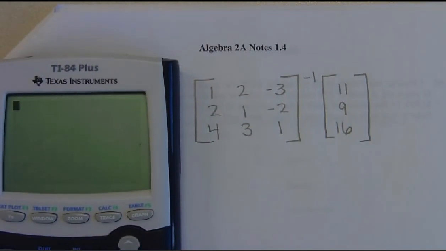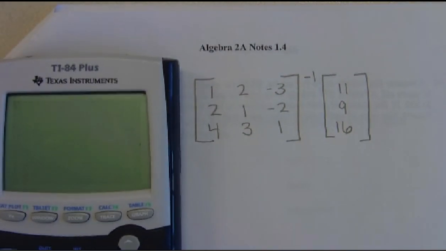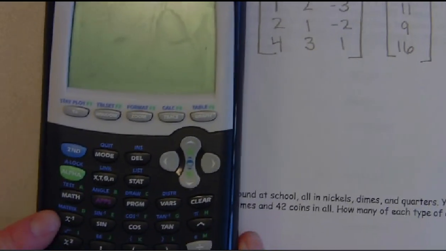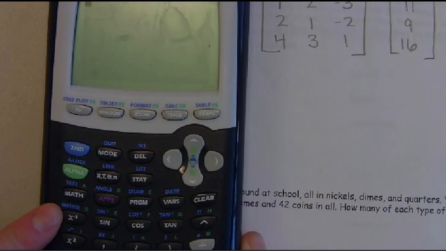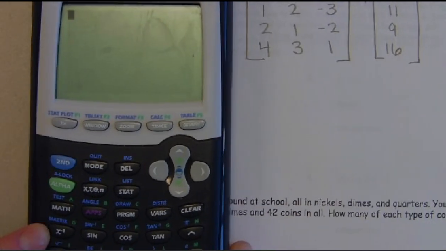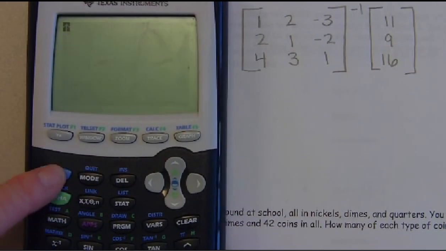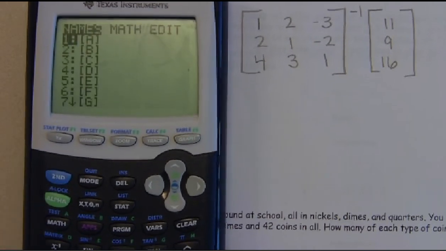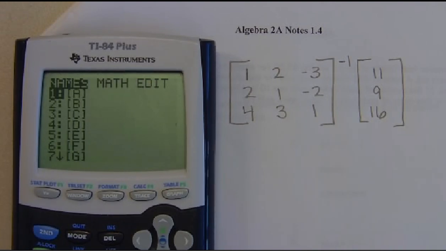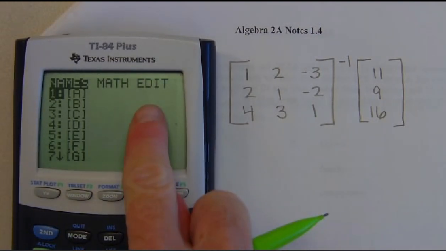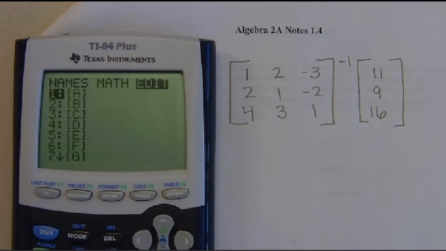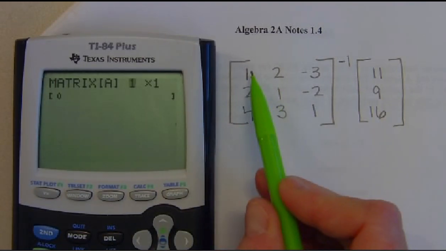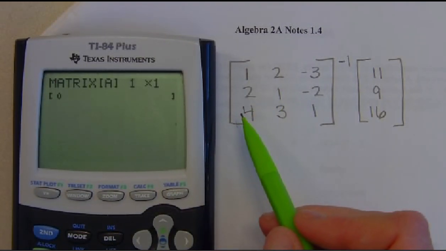All right, now the way you do this on your calculator is with your matrix button. Your matrix button is located right here. Mine is in blue, so in order to get to that screen, I'm going to go second matrix, and all this information comes in. We put the numbers in under edit. So if I go over to edit and hit enter, you have to tell the dimensions of this matrix.